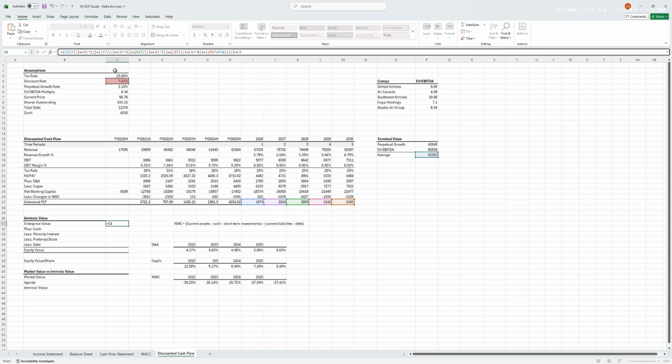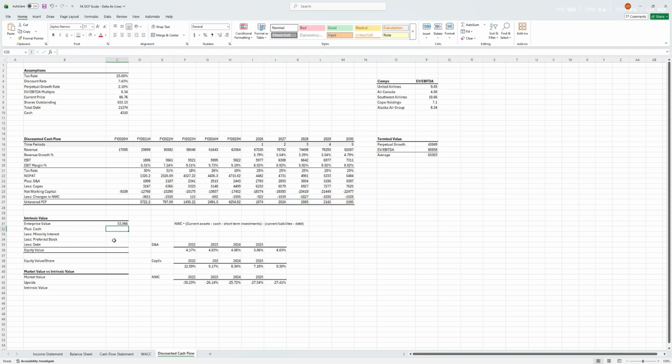And I'll post in the description what this formula looks like, just for simplicity. And then we are going to discount this by 5 time periods, since we are 5 years out. Boom. And there is our enterprise value that we calculated for Delta.